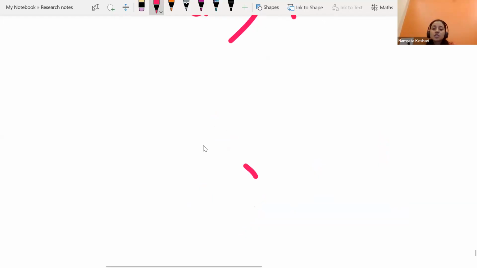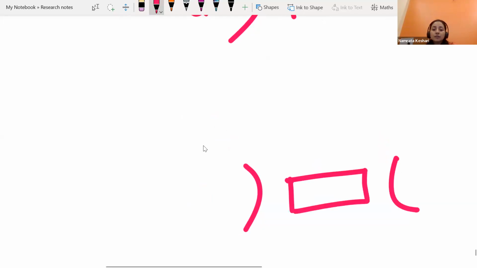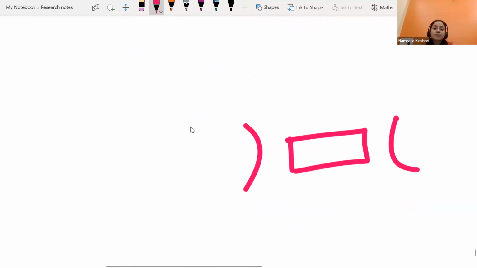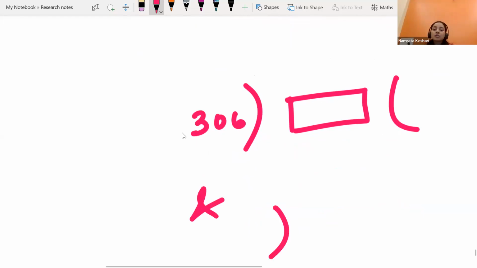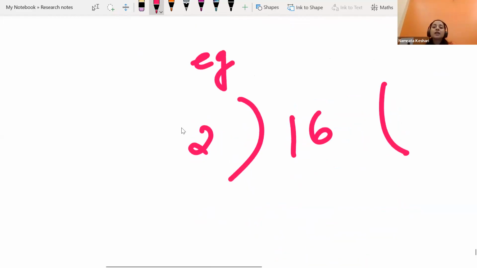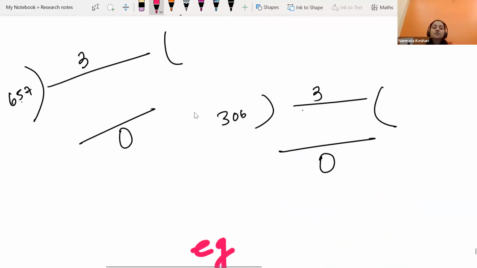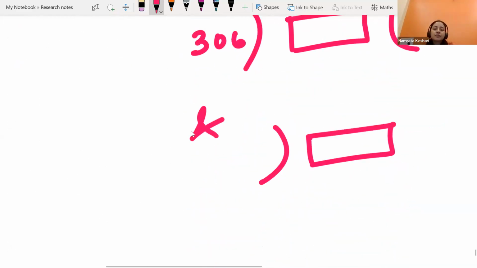We are searching for a number which is divisible by 306, and the same number must also be completely divisible by the other number, that is 657.